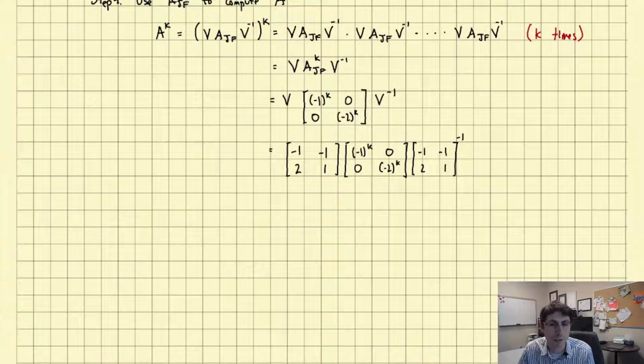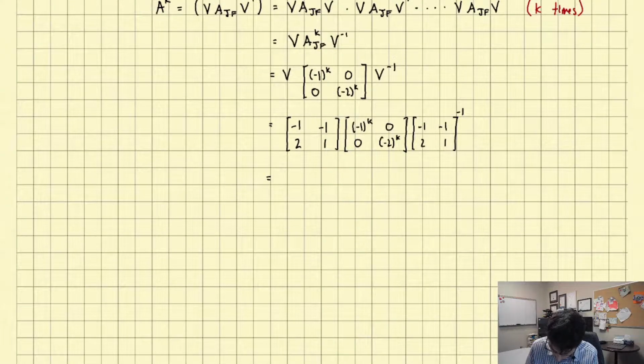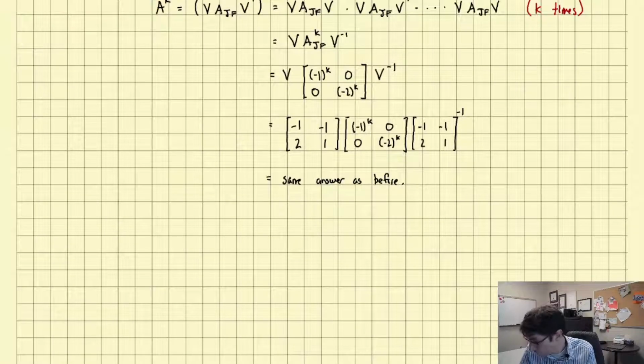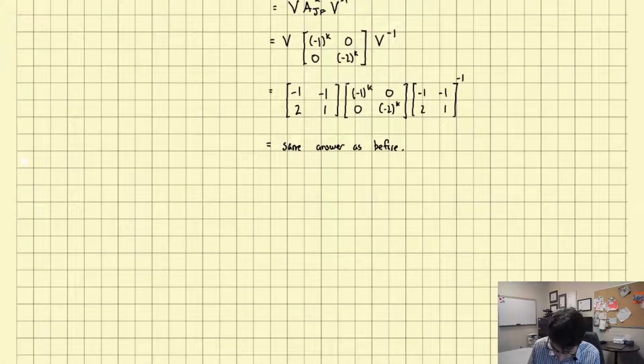Right? And at that point, it's algebra, and my claim is you get the same answer as before. Okay. So again, what we will conclude is that the system is not asymptotically stable.